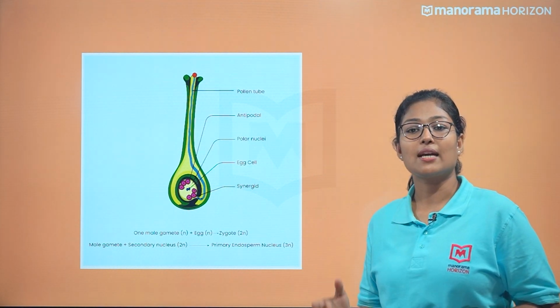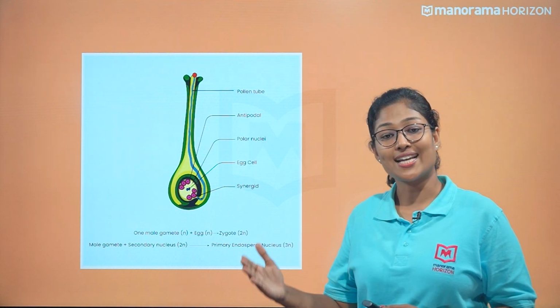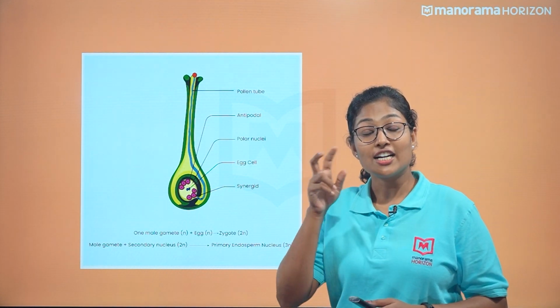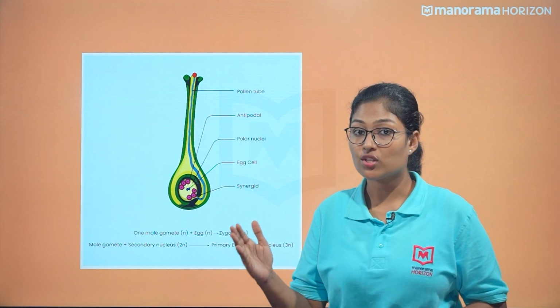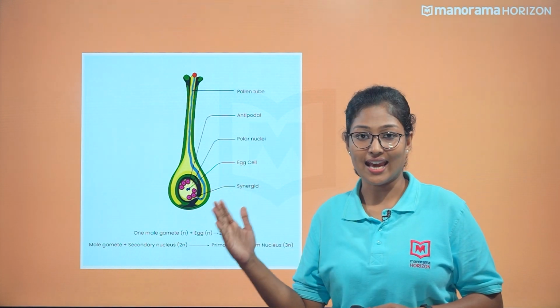The other male gamete fuses with the diploid secondary nucleus to produce a triploid, that is 3N, primary endosperm nucleus, PEN. This is called triple fusion. The two fusions, that is syngamy and triple fusion in the same embryo sac, are termed double fertilization.